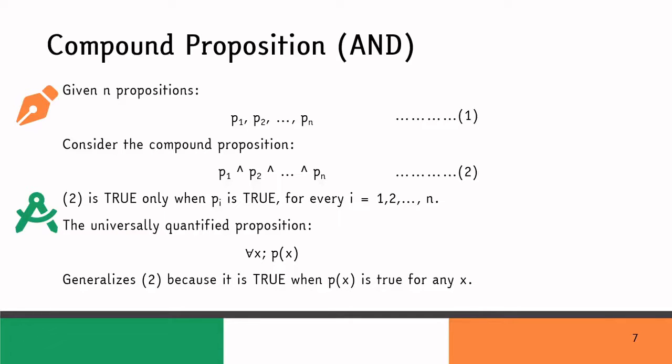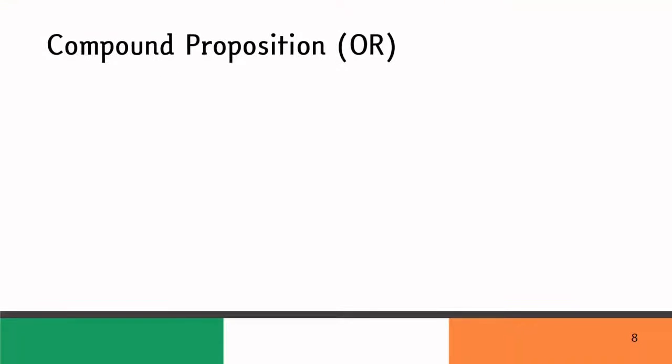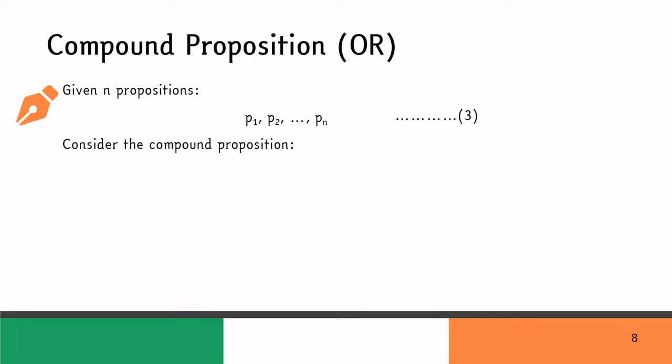If instead of AND it is OR, again considering n propositions P1 to Pn, applying the OR would give us the disjunction of all the propositions P1 or P2 or up to Pn. Let this be statement number 4.